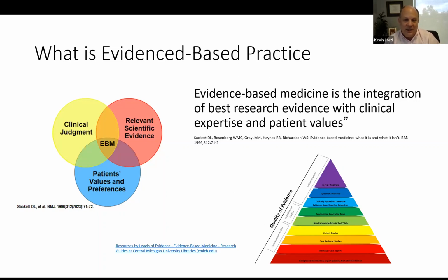So I want to make sure that I appropriately represent myself and my experience. So as I think to this, it's the clinical judgment, it's the relevant scientific evidence, and then the patient's values and preferences. And it's critical that we talk to all three aspects. I don't want to say that there's any one that is more important than another. It is all three that are critical anytime you do render any type of judgment or care.